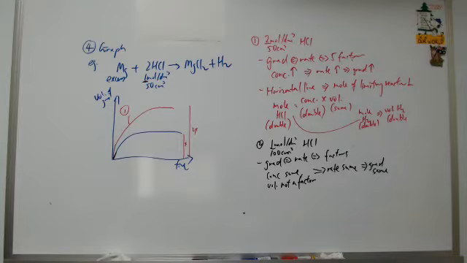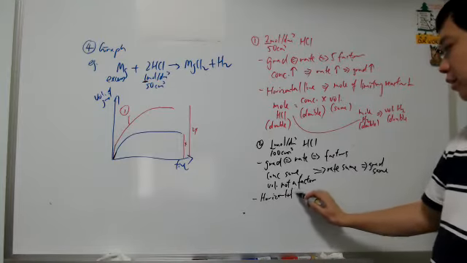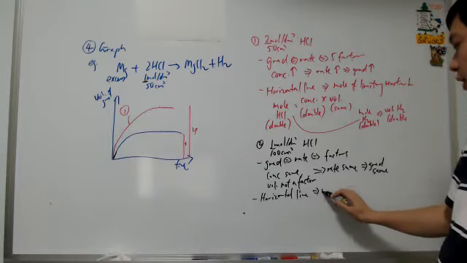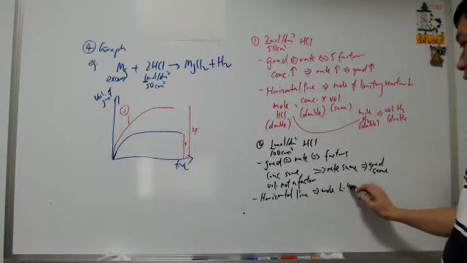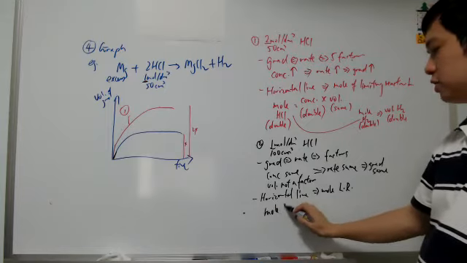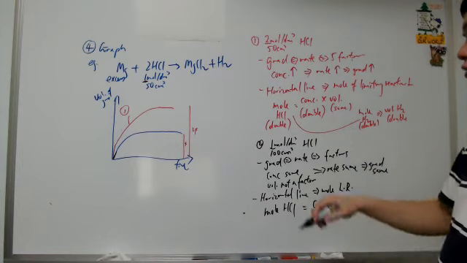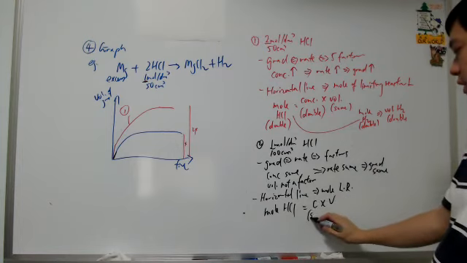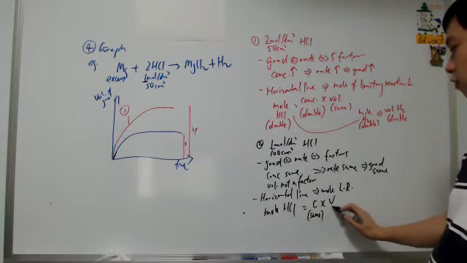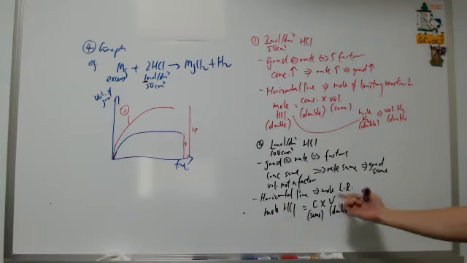Then the horizontal line position, same thing again. The horizontal line depends on the mole of limiting reactant, and the limiting reactant in this case is again HCl. The mole of HCl is concentration times volume. For this part of the question, concentration is the same as the original, and volume is double. Although volume doesn't affect the rate, volume can affect the mole.